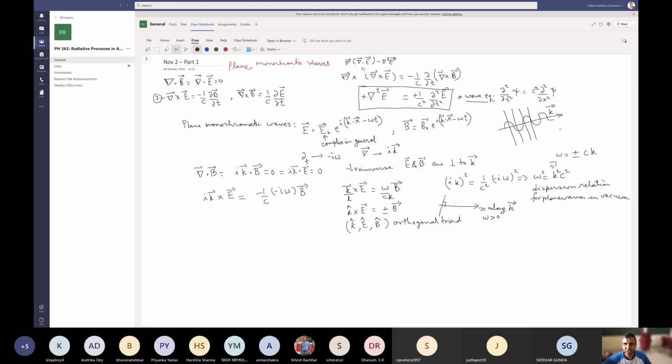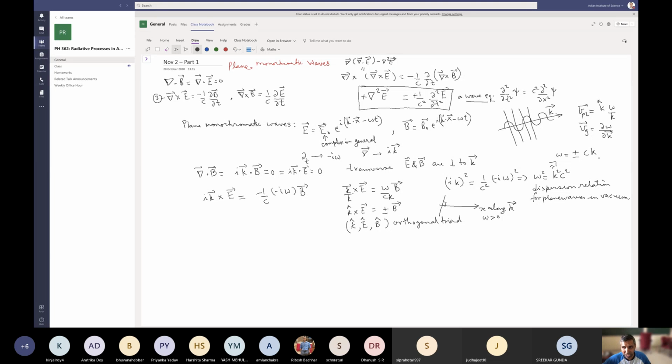And for such waves, in general for waves, phase velocity is nothing but k hat omega by k, and the group velocity is dou omega dou k, right? These are the usual things for all kinds of waves.